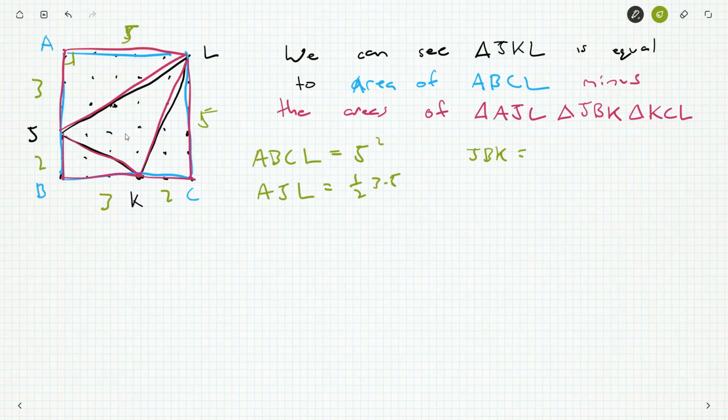JBK is going to have an area, well, we've seen this one a couple times, a half 2 times 3. And finally, KCL is going to be a half 2 times 5. So the area here is 25, the area here is 7.5, this one is 3, and this one is 5, or 15 halves, however you want to write it.